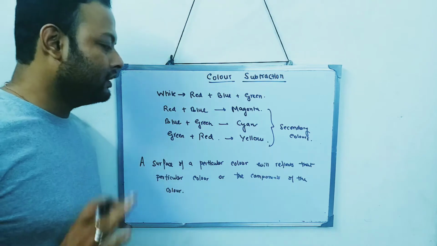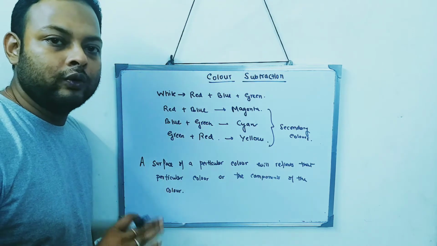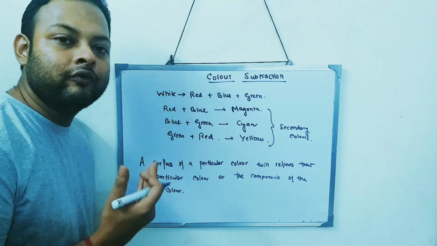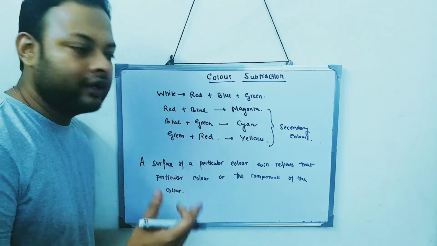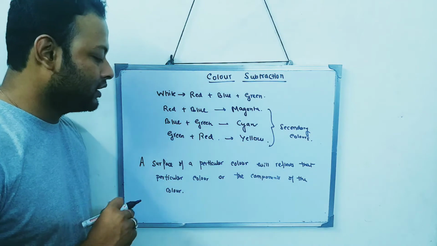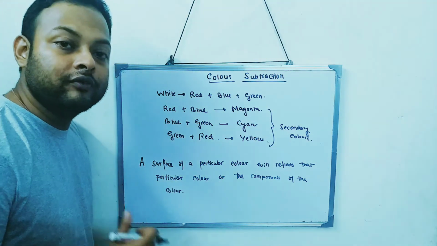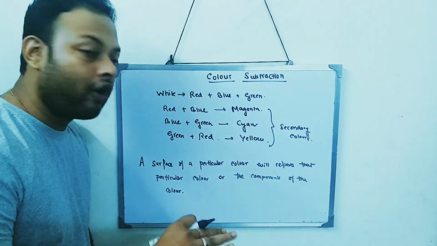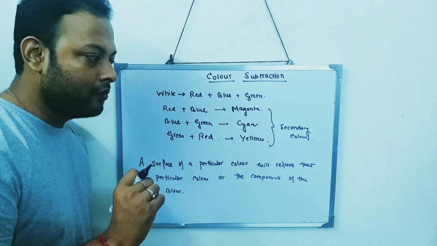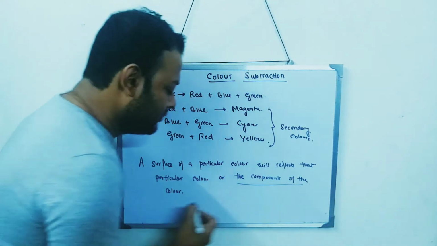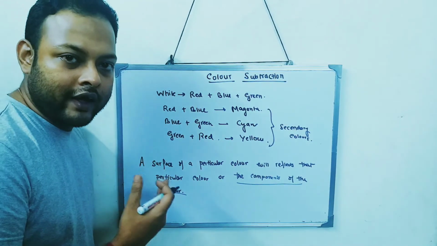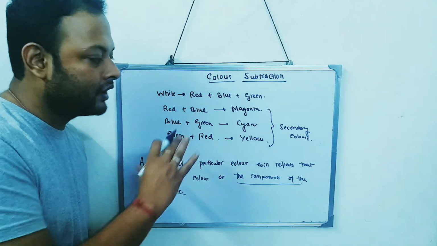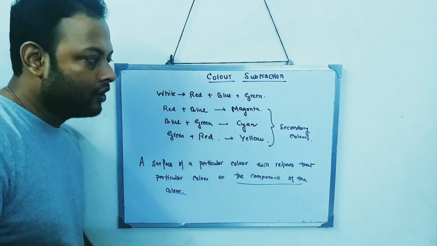Now, this definition which I have written right now is difficult for you to understand. But don't worry. As I give you examples, slowly you will understand what I mean to say. A surface of a particular color will reflect only that color or the components of that color. This part is a little difficult, but I can't explain it right now. I can only explain it with certain examples, and then you will understand this definition.